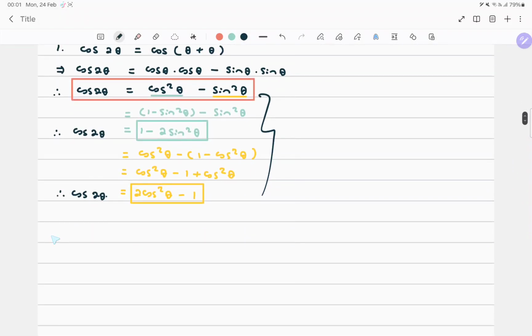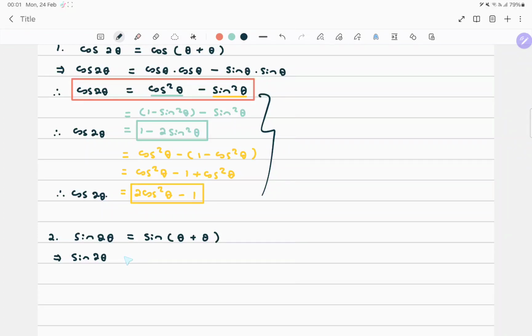All right, so the second one for sine, so we will have sine of 2 theta. Now what do we know? Sine 2 theta is going to be the same as sine of theta plus theta. So we can use the sine expansion. We don't need the generic cos expansion.